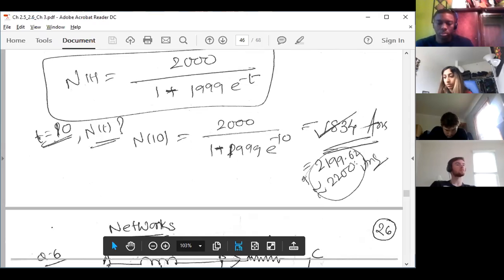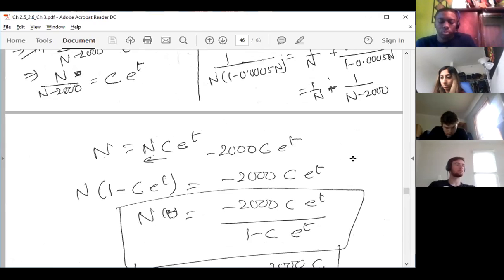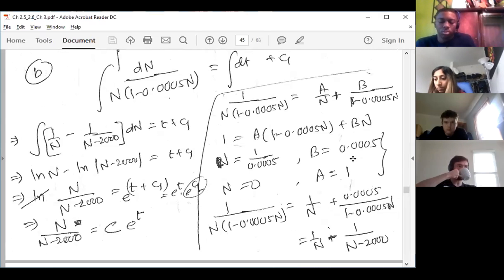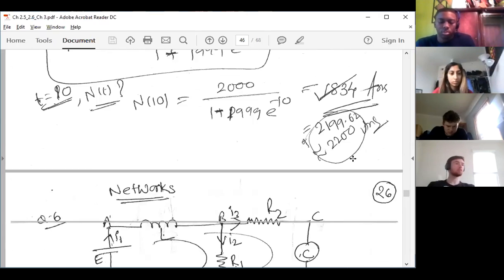Don't say 1999.62, because again, it is counted in positive integers. So you have to give the answer which makes sense related to the given problem. So please be careful.